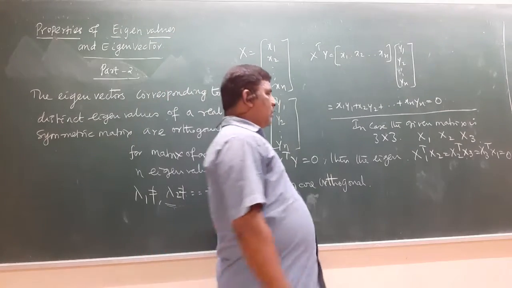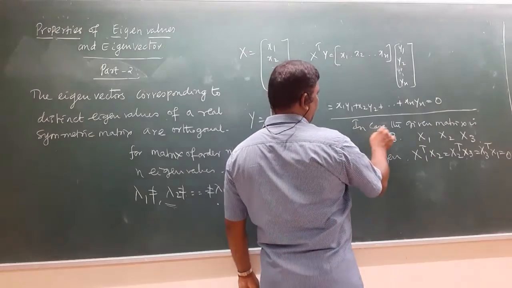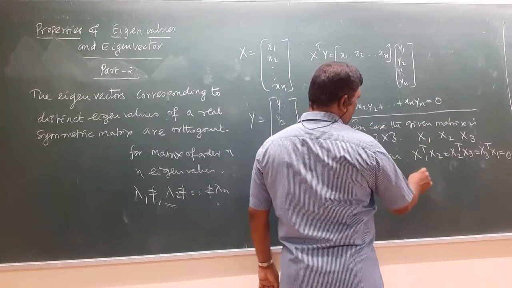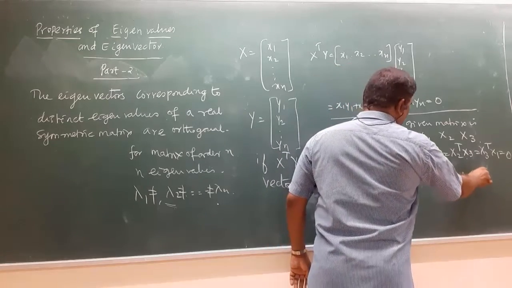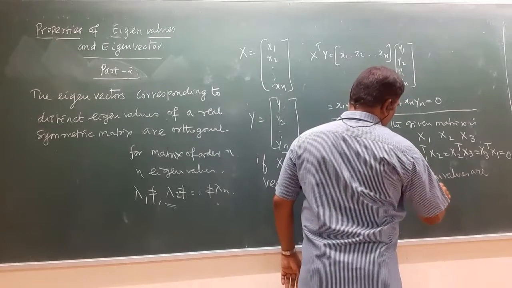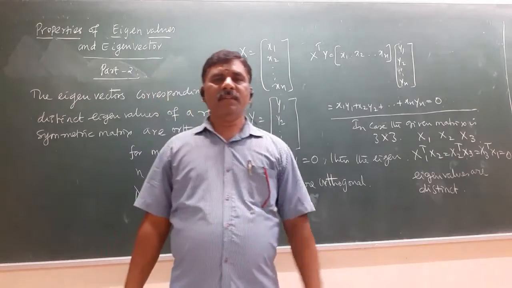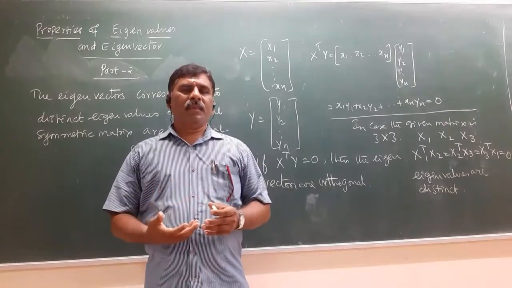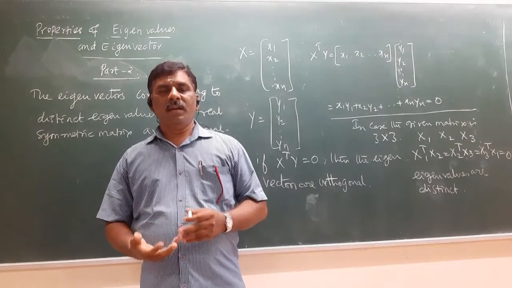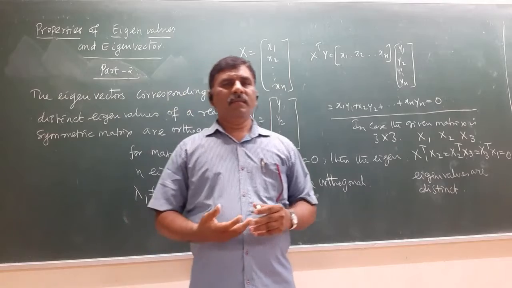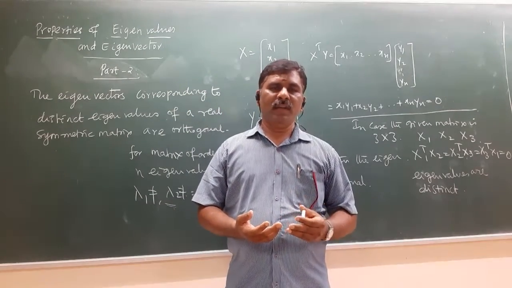Okay. And one more thing, if all the eigenvalues are distinct eigenvalues, so this property says that when the eigenvalues are distinct and the given matrix is a symmetric matrix, then the eigenvectors are orthogonal in pairs.